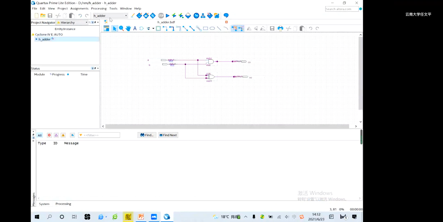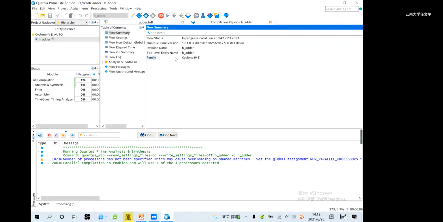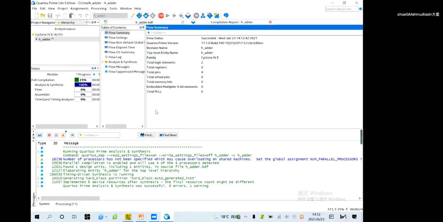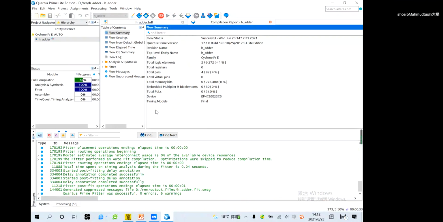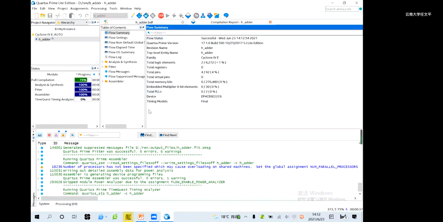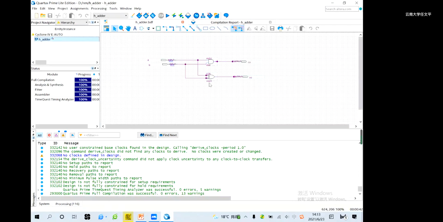Compile this file. Okay, compilation was successful. Means the schematic is right.